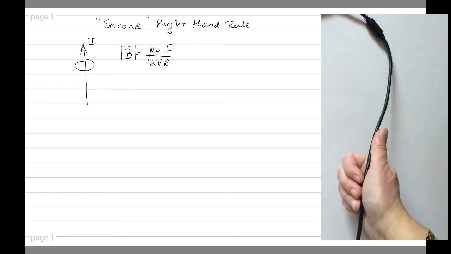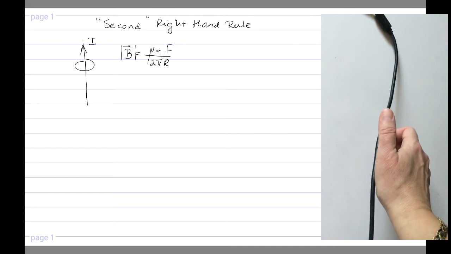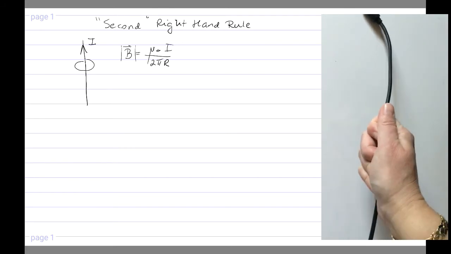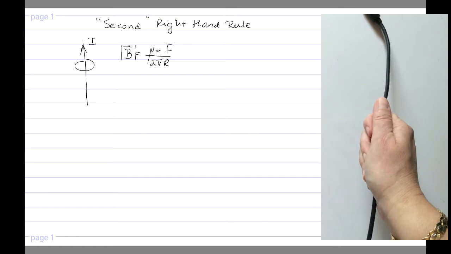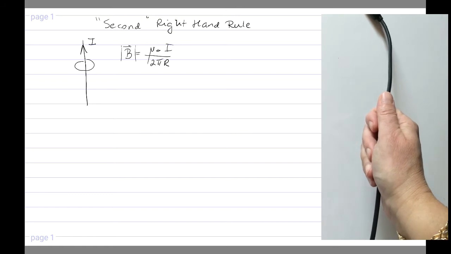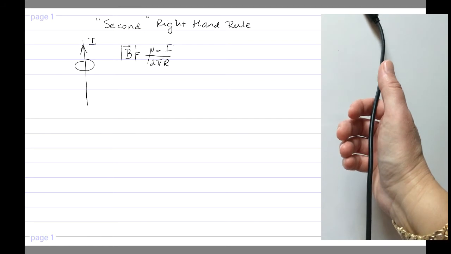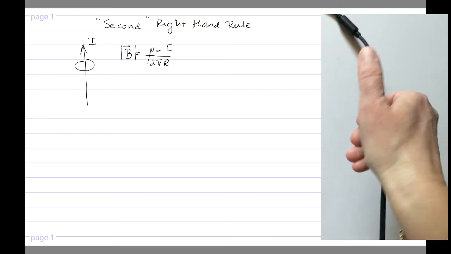So you place your thumb in the direction of the current and pretend like you're holding on to the current. So you have the wire in your hand, and then to hold it, you have to close your hand, right? So the direction that your fingers are going in is the direction of the magnetic field. So you can rotate your hand all around the current carrying wire.